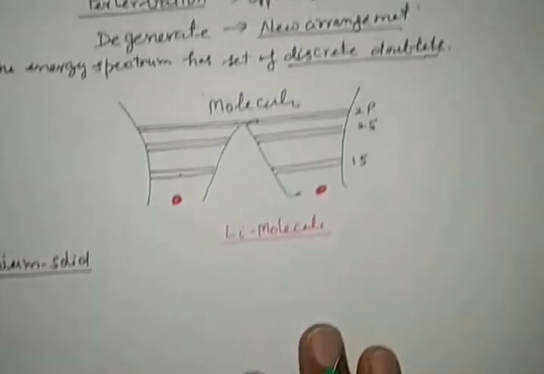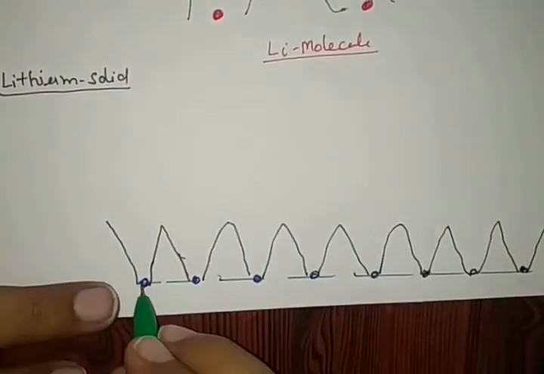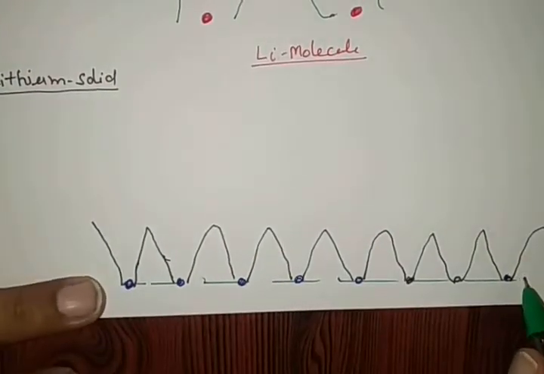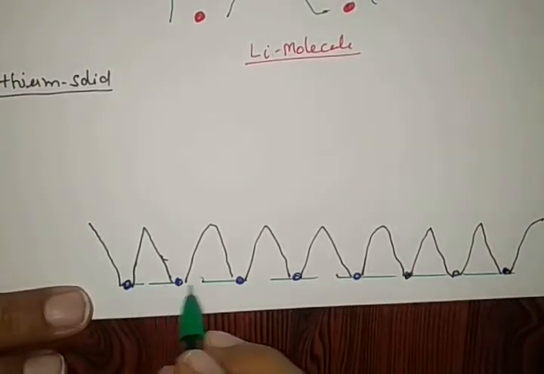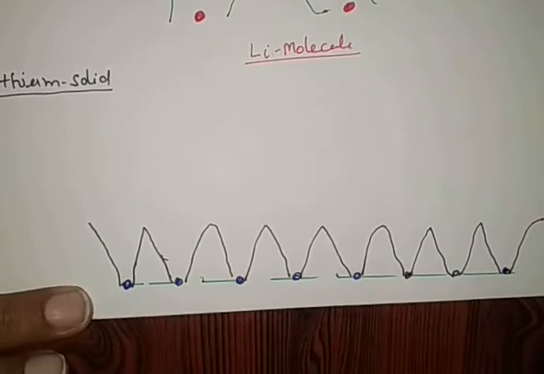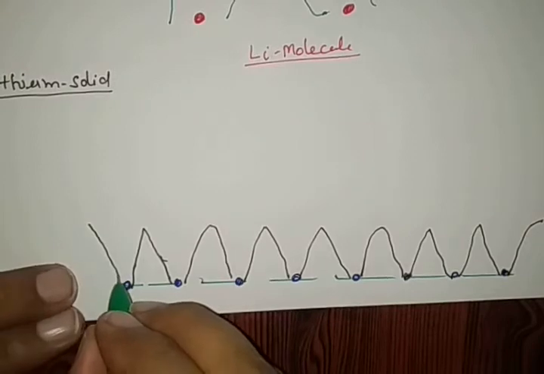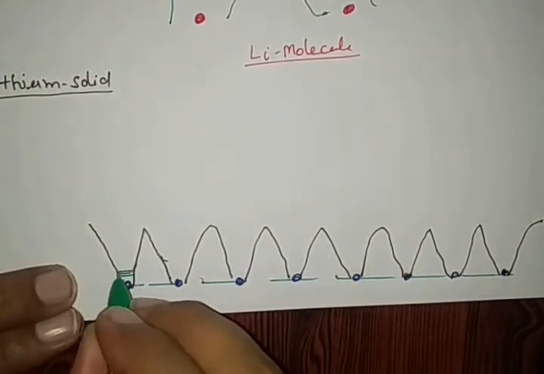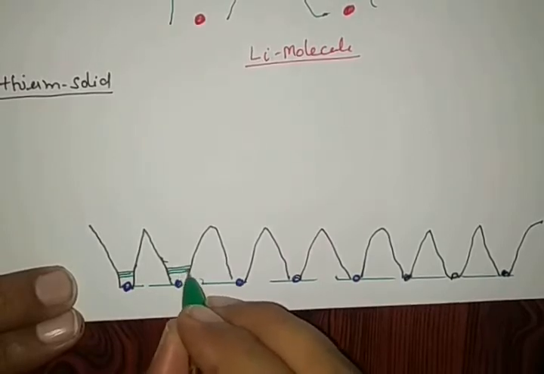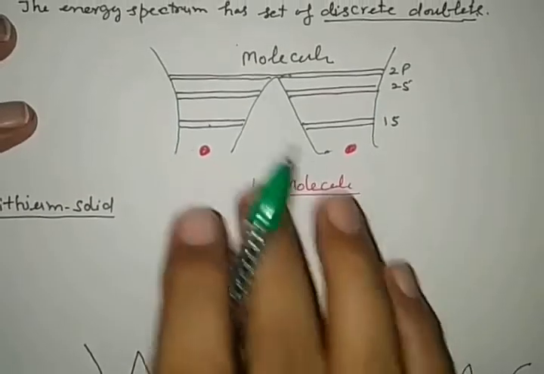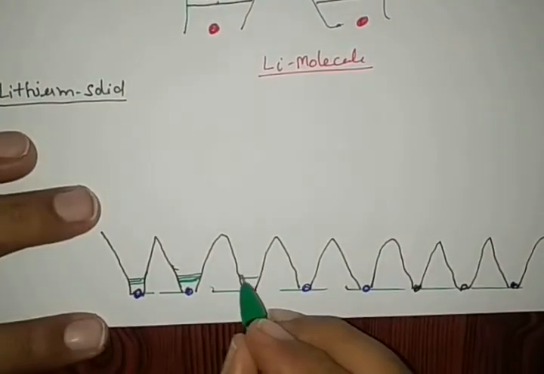The new arrangement is due to perturbation, meaning the effect of one on another. This nucleus is affected by all these atoms in the one-dimensional arrangement. See how 1s is converted into a range, a band. Here there was only a doublet before, but now a range of energy levels is formed.